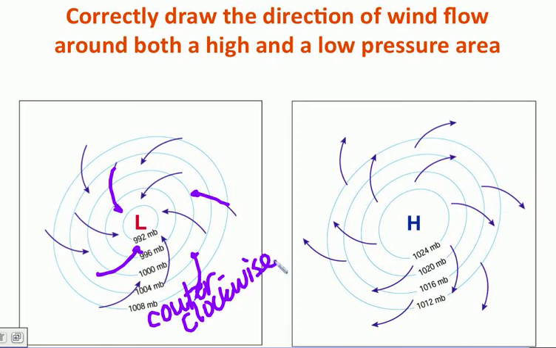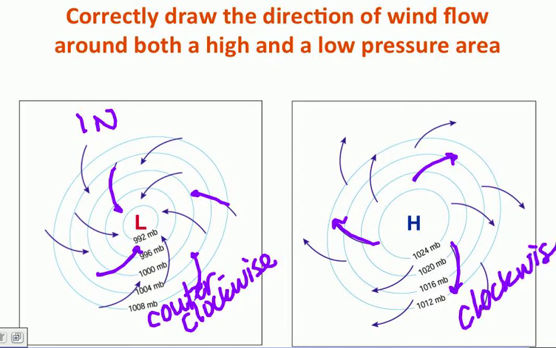So low pressure, we're always having air coming in in a counterclockwise fashion. High pressure, on the other hand, has the air going out. As that air comes out, it definitely is moving in a clockwise direction. So again, make a note around those H and L on the right-hand side so you can get an idea of your own flow of air around the high and low pressure systems.